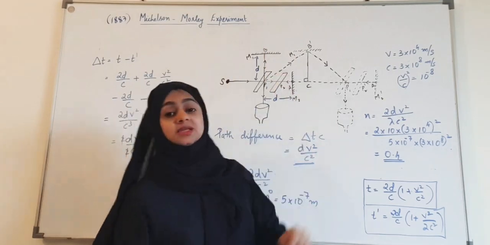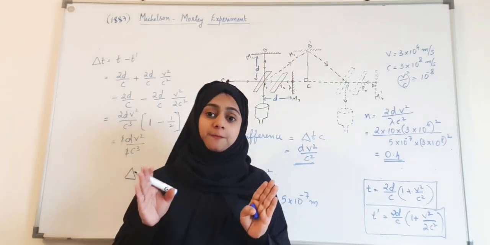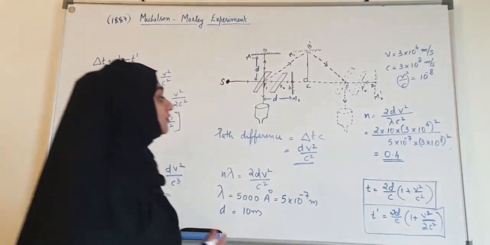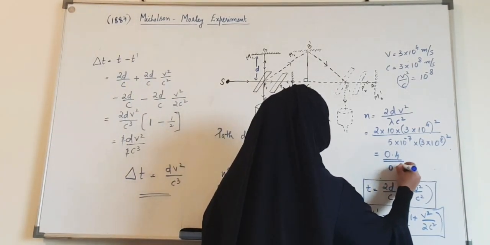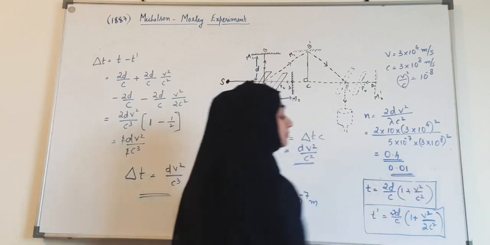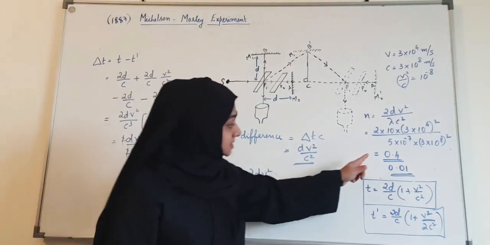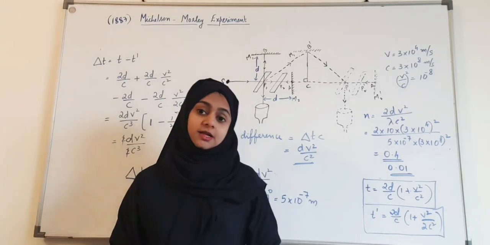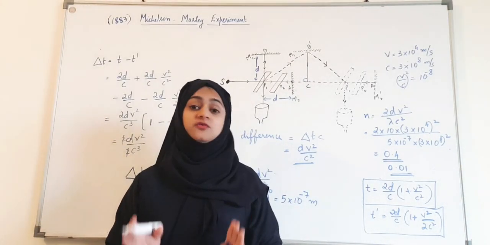According to Michelson and Morley, their apparatus can measure a fringe difference of up to 0.01. So if there is a fringe shift of 0.4, they could definitely identify that. They could definitely measure it.